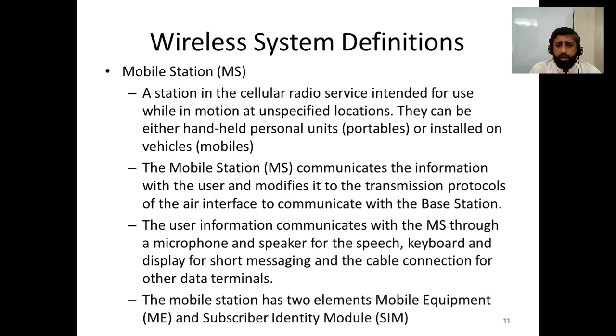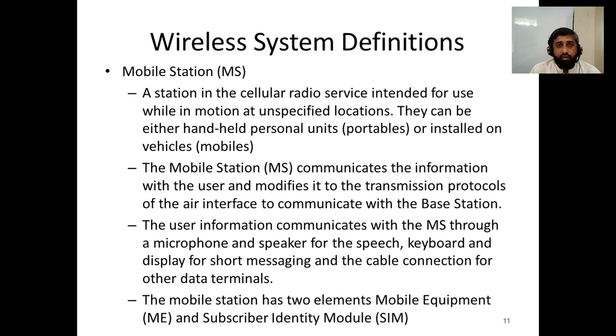Or these can be installed on any vehicle, because vehicles are also intended for mobility. The important thing is that this mobile station has to establish communication with the system, so it must have some transmission protocol to provide the air interface to communicate with the base station, and it should also give an interaction with the user. For example, take the case of a mobile phone.